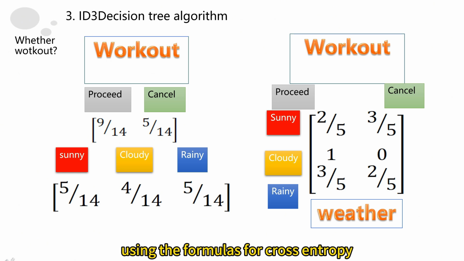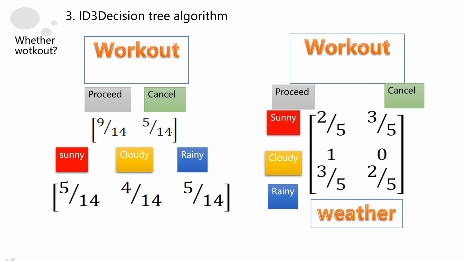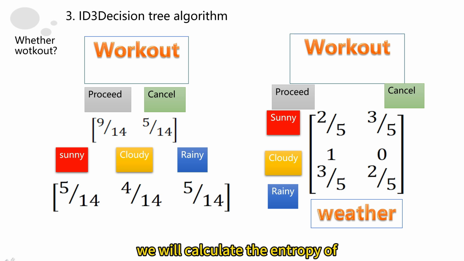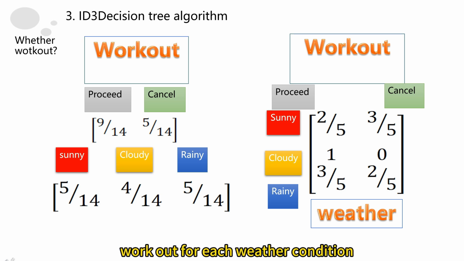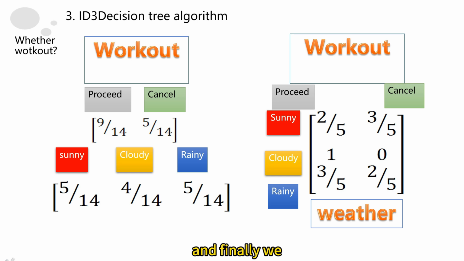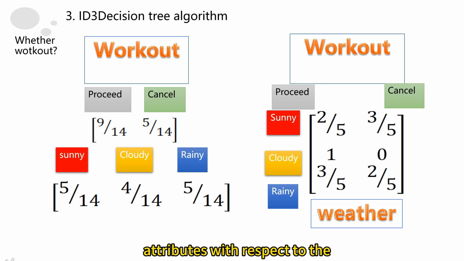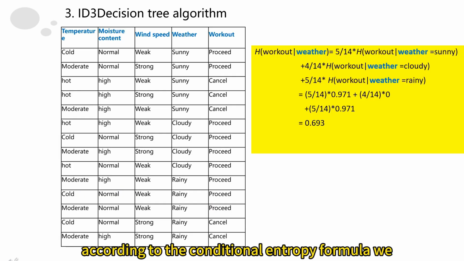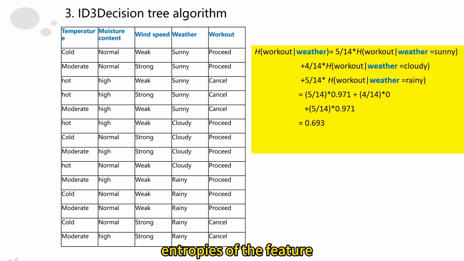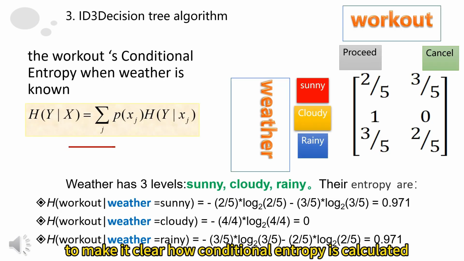Using the entropy formula, we will calculate the entropy of workout for each weather condition, and finally we obtain the conditional entropy of the workout label attribute with respect to the weather feature attribute. Make it clear how conditional entropy is calculated.